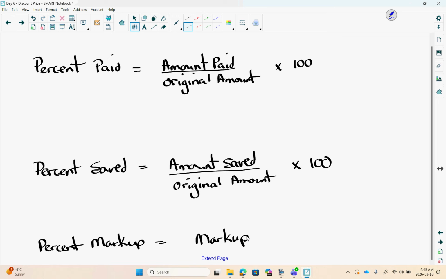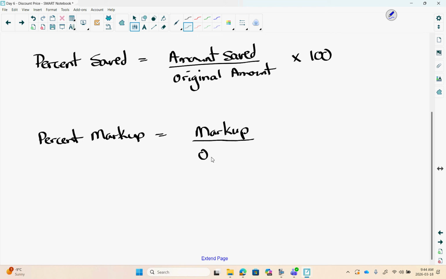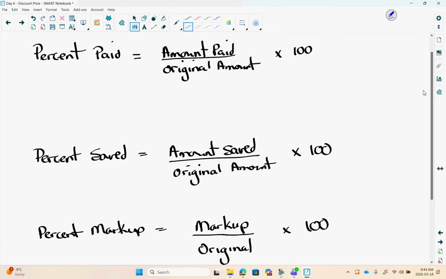So if you bought them from a wholesaler for $8 and are selling them for $10, your markup would be 2. Difference is the answer you get when you subtract. You divide that by the original and multiply by 100. So those are 3 formulas that will show up in this unit.